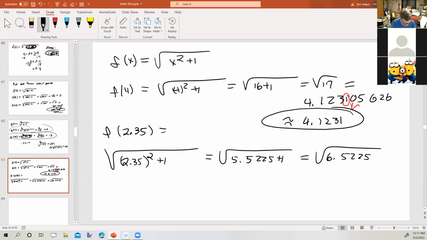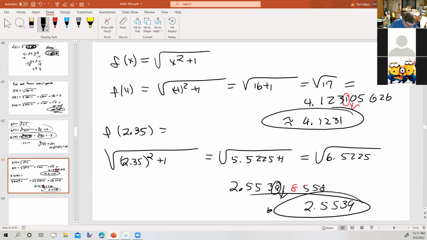And then taking the square root of that, I get 2.5539185558. The fourth decimal place is going to round down. So it's going to be 2.5539.